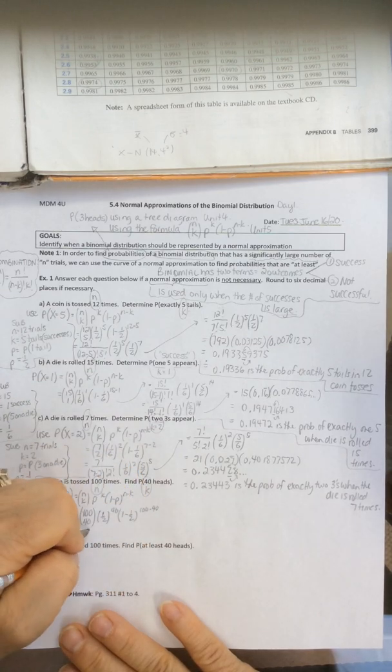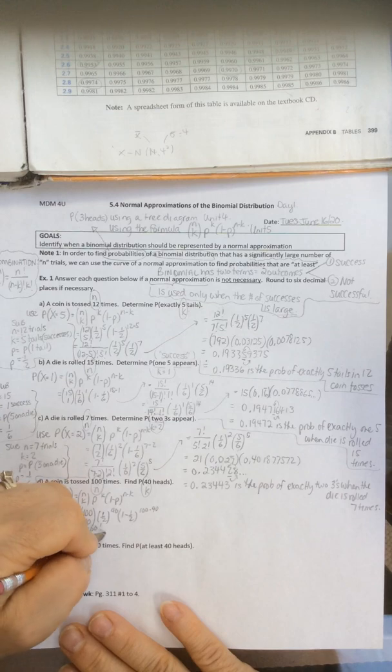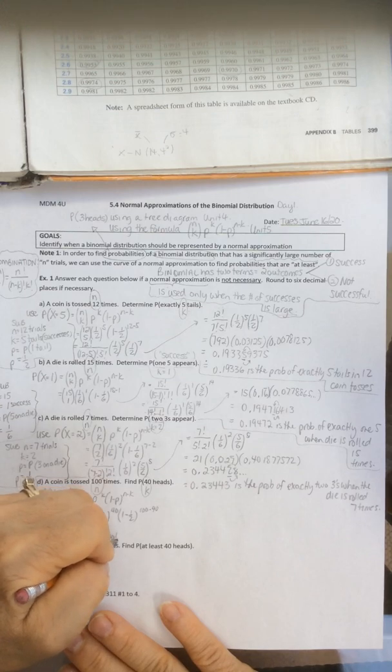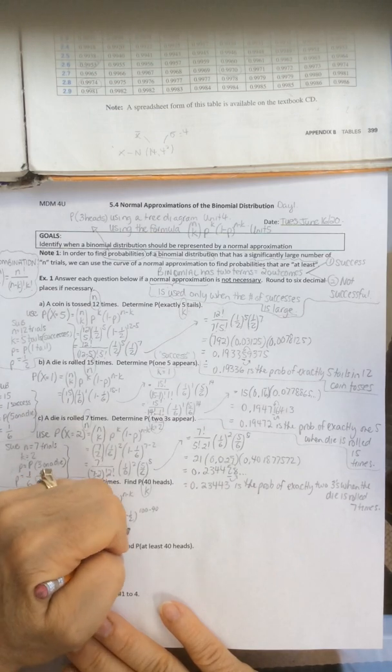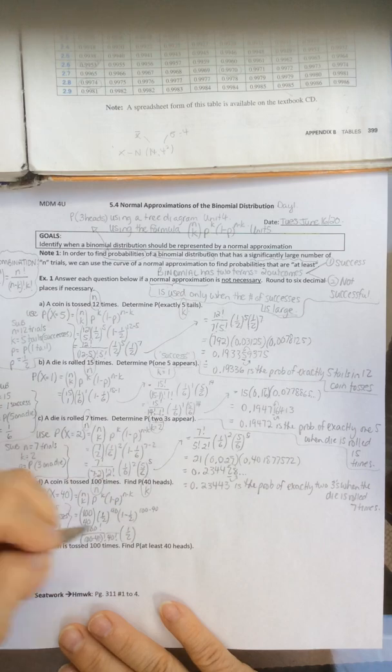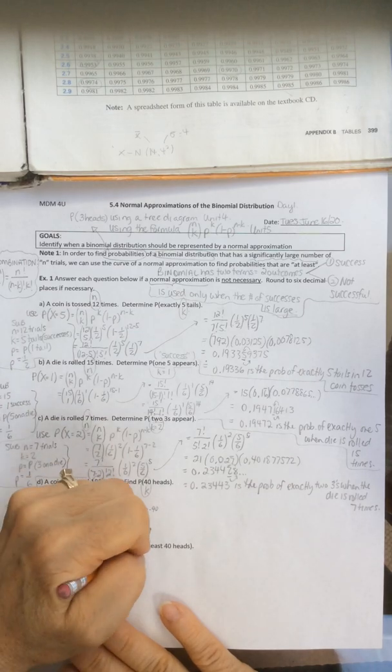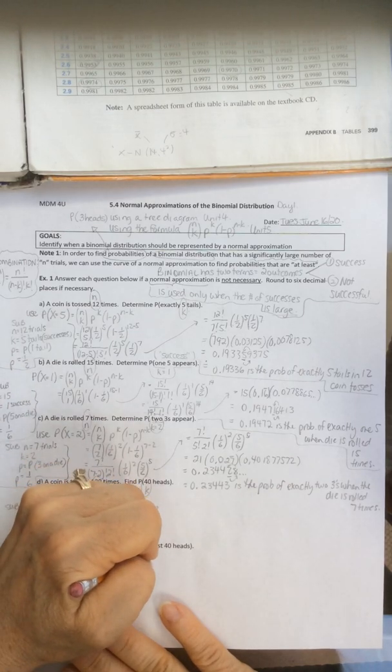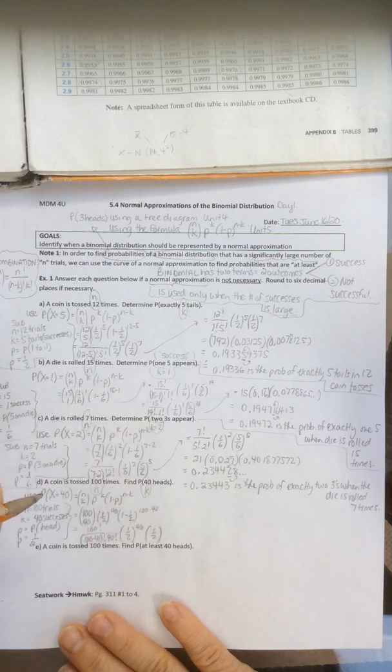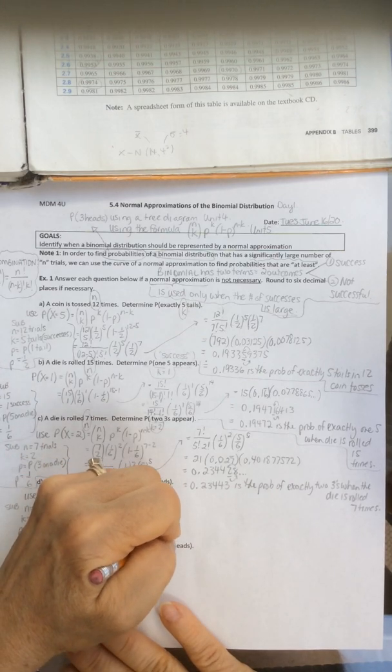Okay, so we have 100 factorial divided by 100 minus 40 factorial times 40 factorial, times 1 over 2 to the power of 40, and then 1 minus 1/2 is 1/2, and 100 minus 40 is 60.